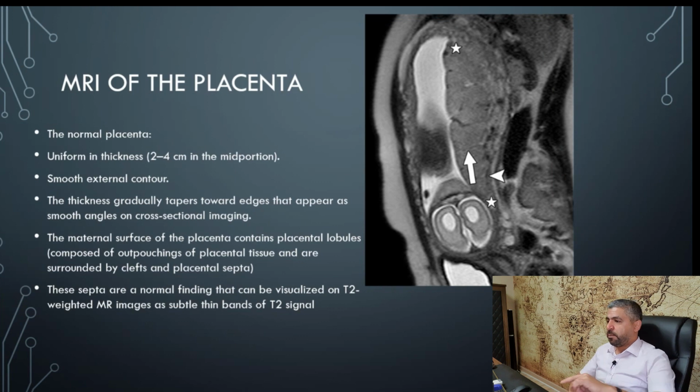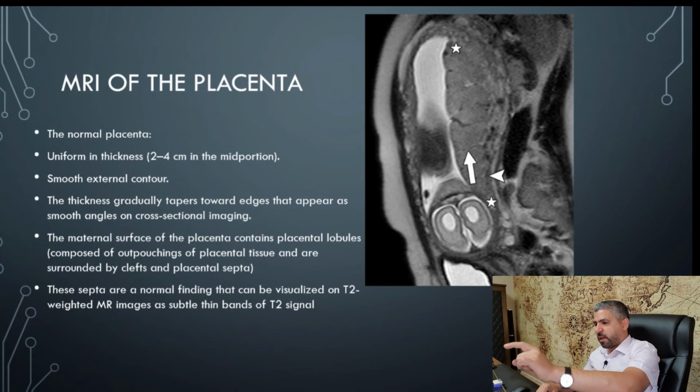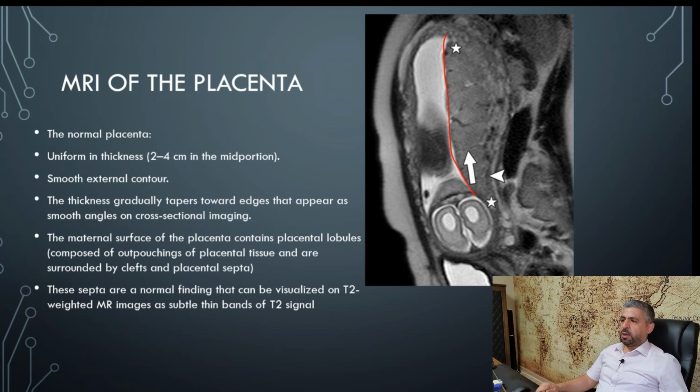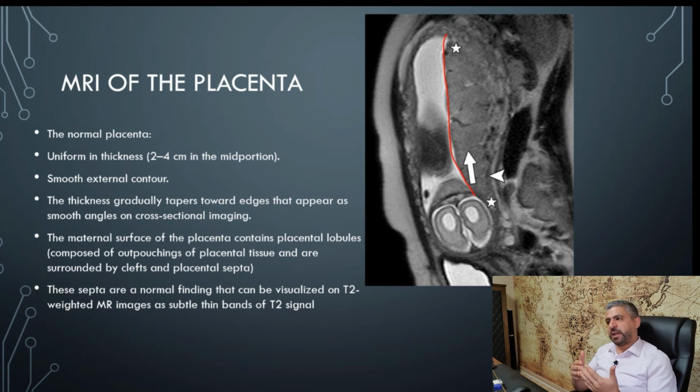Let's see, in this example, this is another case. We can see here that this is the normal placenta, and this is an older pregnancy, let's say more gestational weeks. And as we go further into pregnancy, the placenta becomes more heterogeneous. At the beginning, it's homogeneous, and then becomes more heterogeneous.